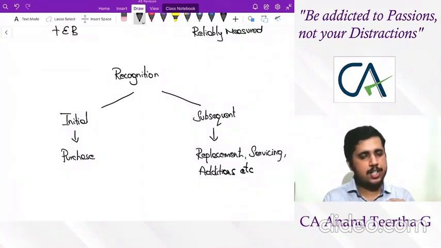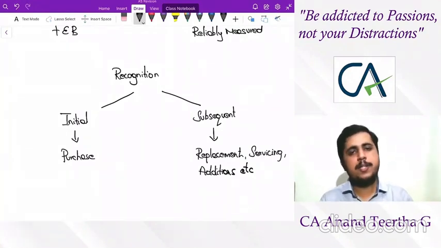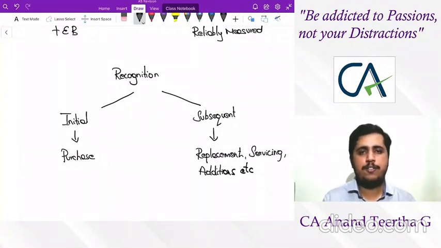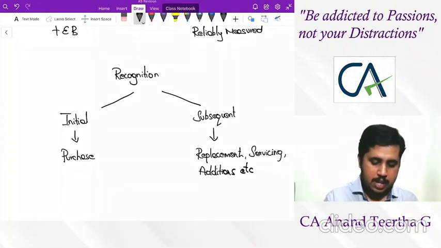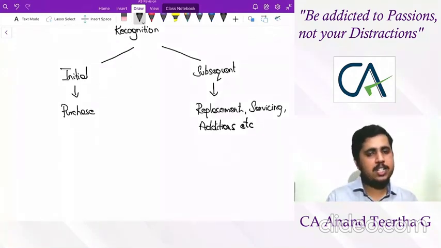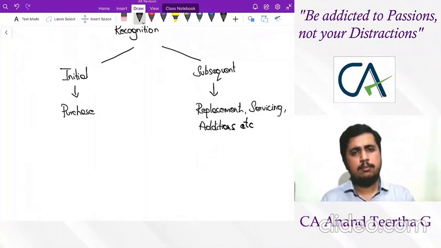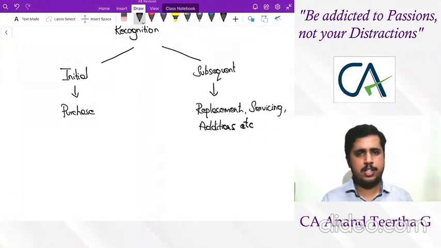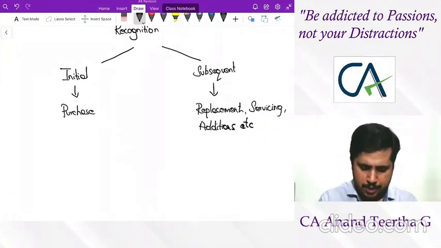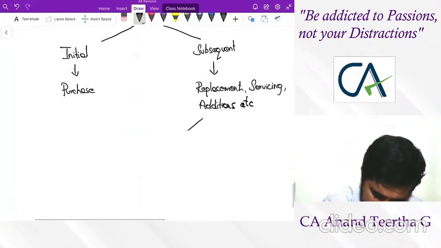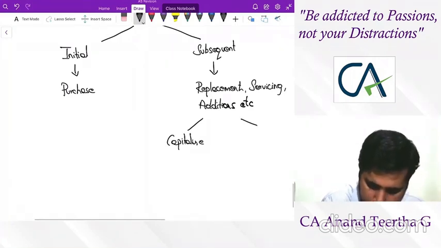So initial recognition, buying time, how do we deal with it? Subsequent recognition, if there are any sort of additions, how do we deal with it? Now, for purchase, initial recognition and all these things, first consider the recognition criteria and that's it. How do we measure the cost? We will see a bit later. But in subsequent recognition, a major problem which is going to come is, should I capitalize the value or not capitalize?